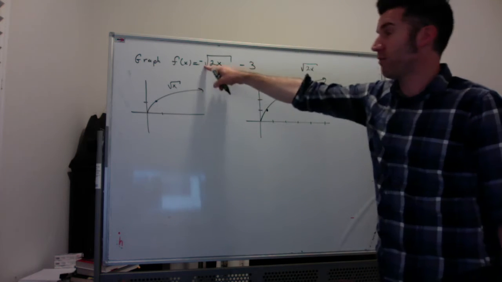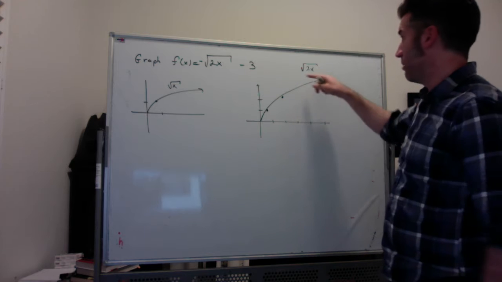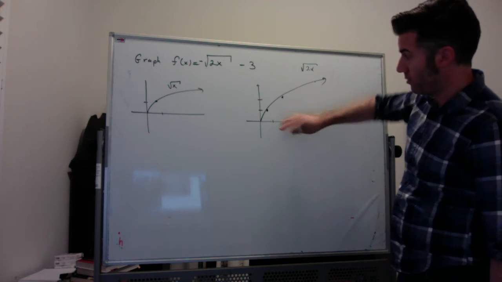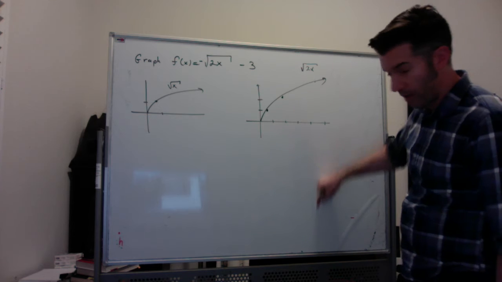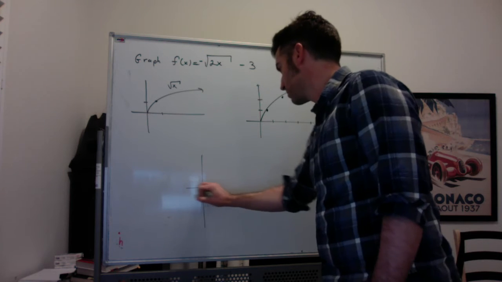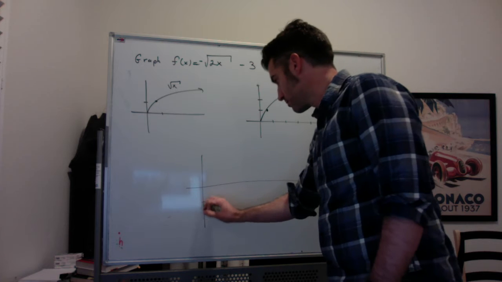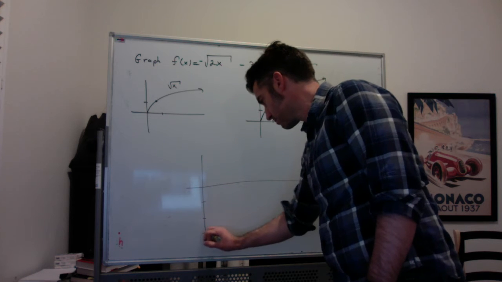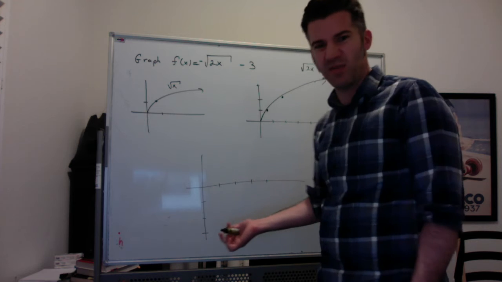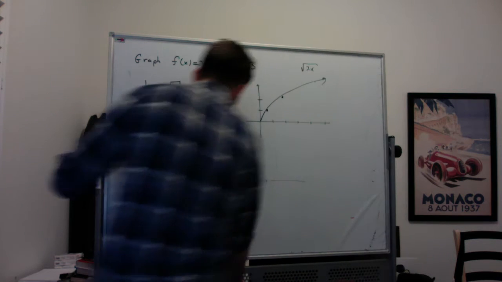The minus sign in front is going to flip it vertically. The minus 3 after that is going to shift it down 3. So we're going to get this flipped over, going that way, and then move down 3. I think we can do both those at once. I still need to shift it down 3, so I need a little more space.